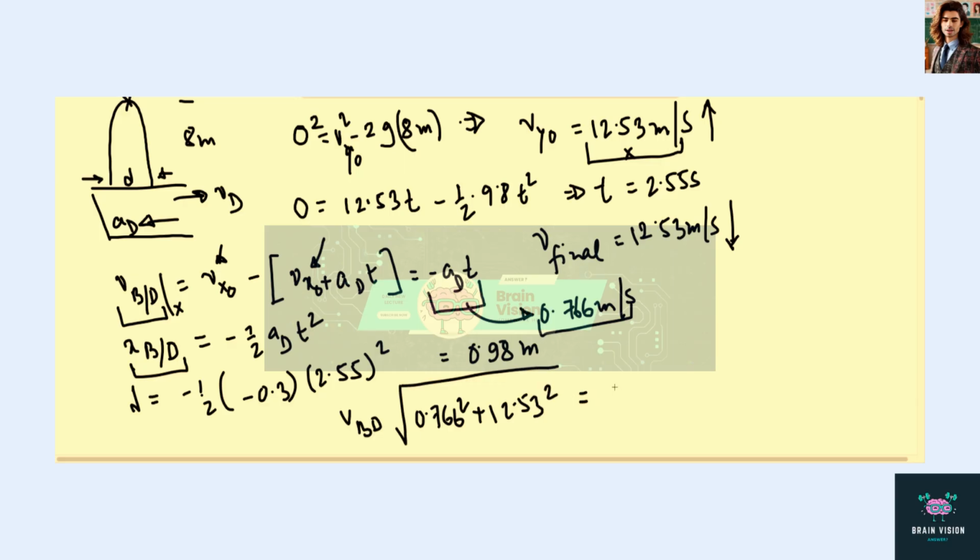So that gives us 12.55 meter per second, and the angle will be in this direction, which is given by the tangent of that, this value divided by that value. So from there the angle will come out to be 86.5 degrees.